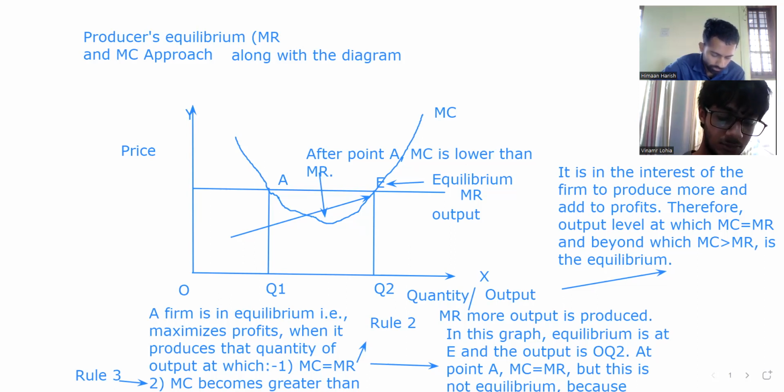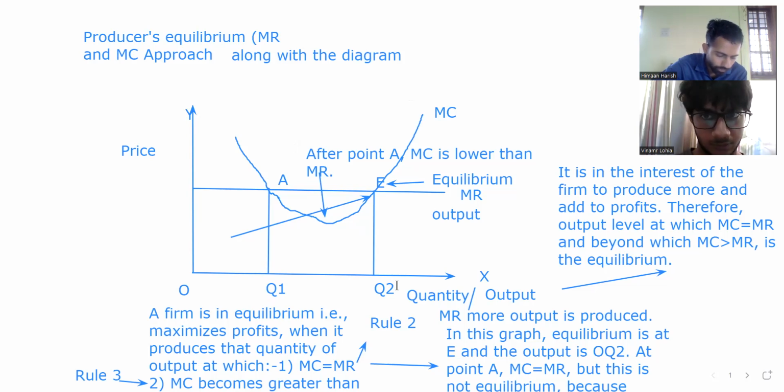In geometric terms, the MC curve cuts the MR curve from below, as shown in the graph here. It's cutting the MR curve at point E from below, right? And this is explained with the help of the graph here. MC is equal to MR at two output levels, Q1 and Q2, right?